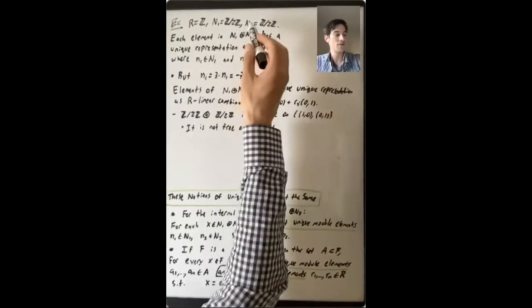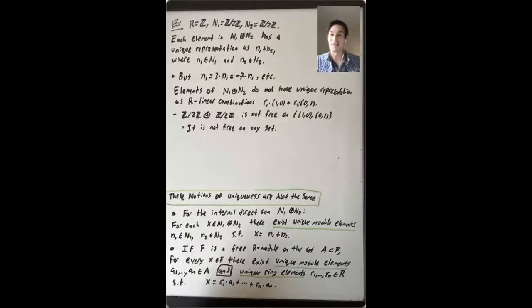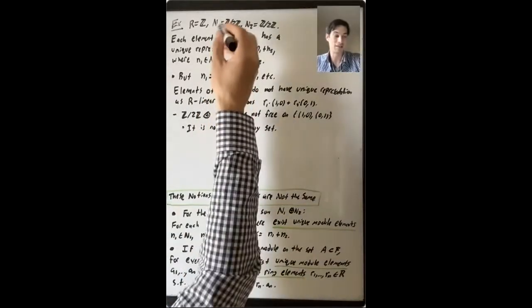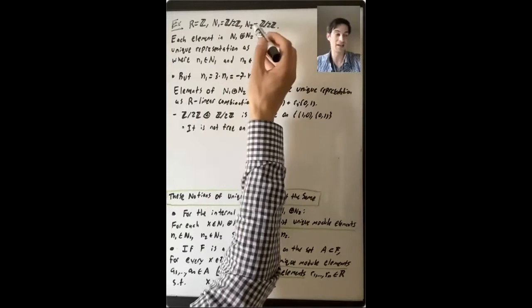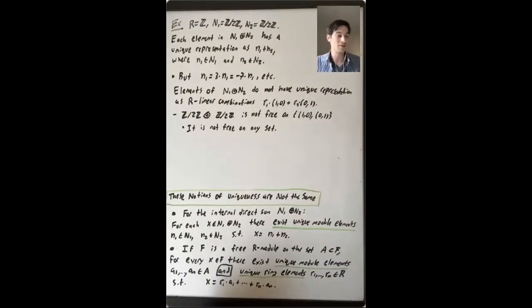If you think of that external direct sum having this submodule isomorphic to N1, anything in the first coordinate, 0 in the second coordinate, we get another one, 0 in the first coordinate, anything in the second coordinate, isomorphic to N2. So we see that that external direct sum is isomorphic to the internal direct sum of those two submodules.